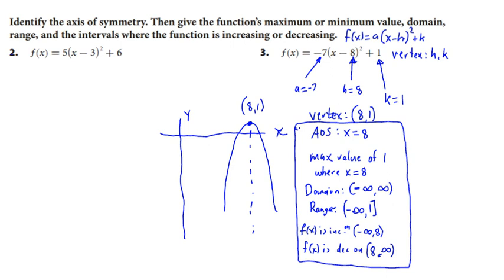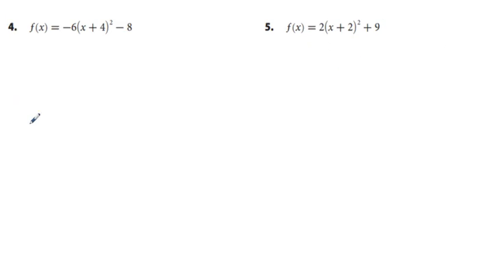Okay, next on problem 5. Here we have, let's put down what they are. A is equal to 2. And here we have x plus 2, which means h has to be negative 2. To get x plus 2, we have to have x minus negative 2. So h is equal to negative 2.